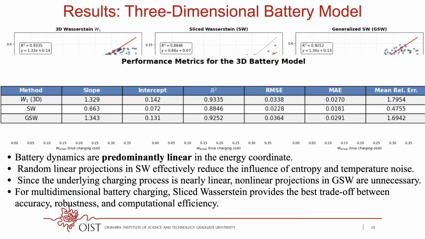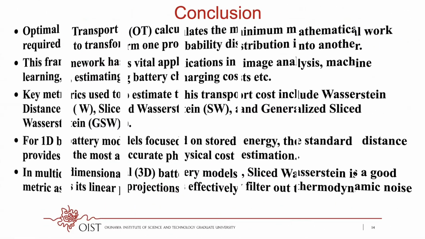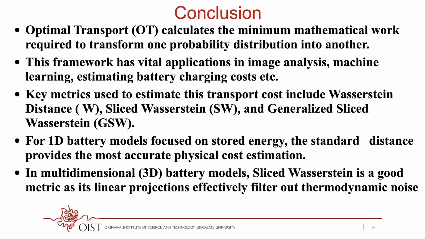In the next slide, I am going to conclude this presentation. In conclusion, optimal transport calculates the minimum mathematical work required to transform one probability distribution into another.